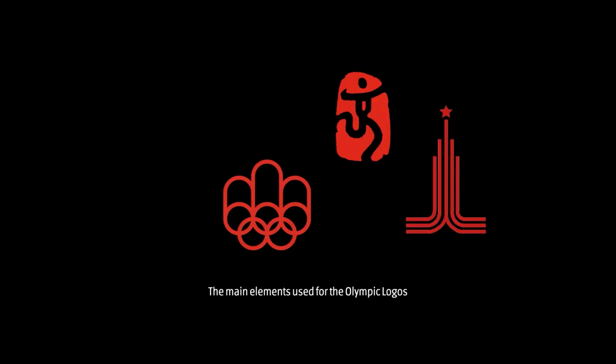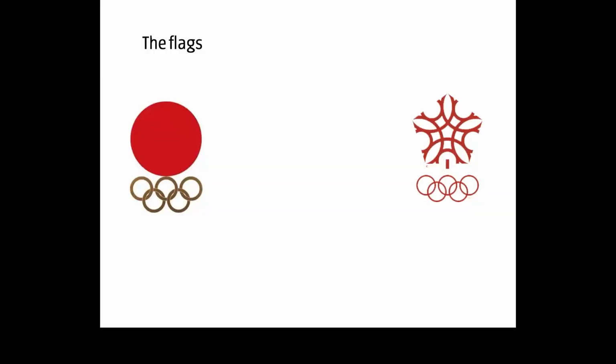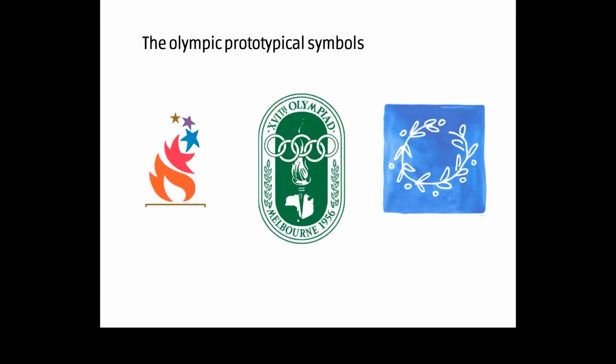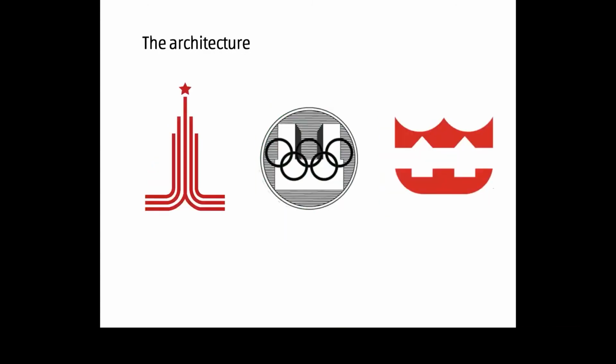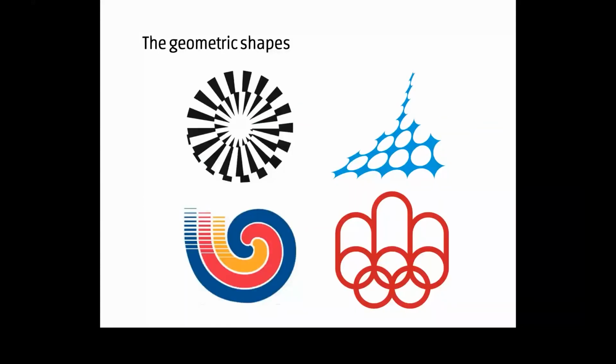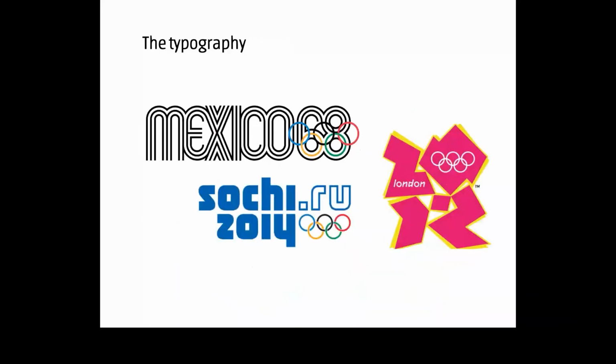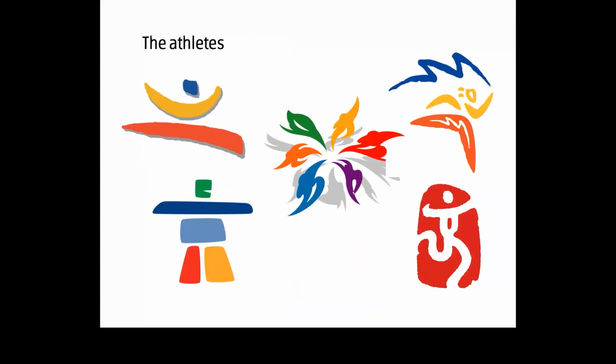Most of the logos use these elements: the flags, the rising sun, the stars in motion, the maple leaf, the Olympic prototypical symbols, the Olympic torch, the stars, the rings, the country, the olive wreath, the architecture, the buildings, the bridges, the geometric shapes, all kinds of geometric shapes, as you could see here, the typography, the different letters connoting different things, and finally the athletes, different colors and different shapes.